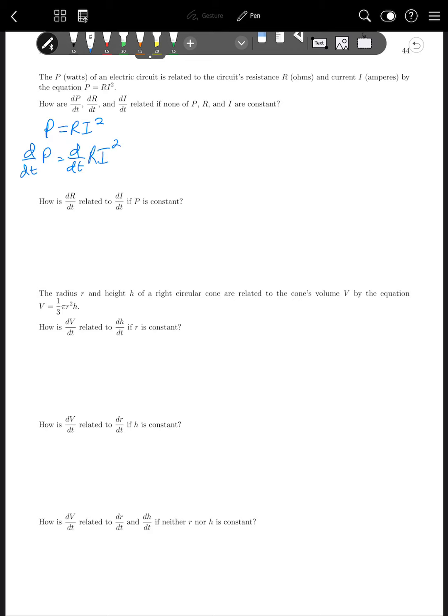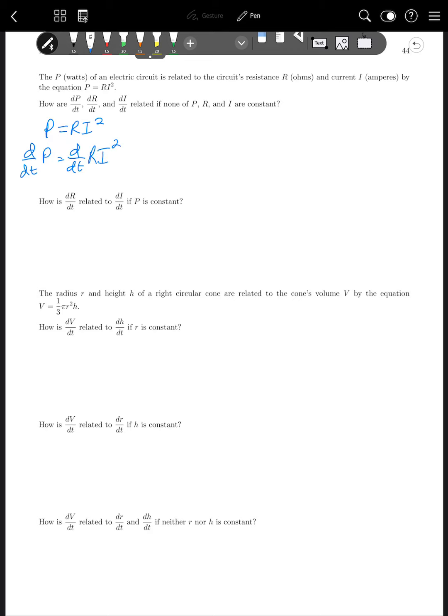So the derivative of P with respect to t is just dP/dt. And then on the right-hand side, I have to do the product rule. So this is the first thing times the derivative of the second thing plus the derivative of the first thing times the second thing.